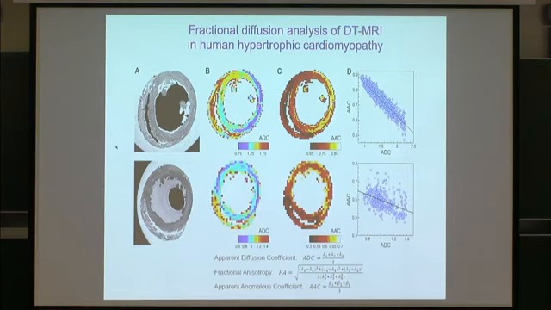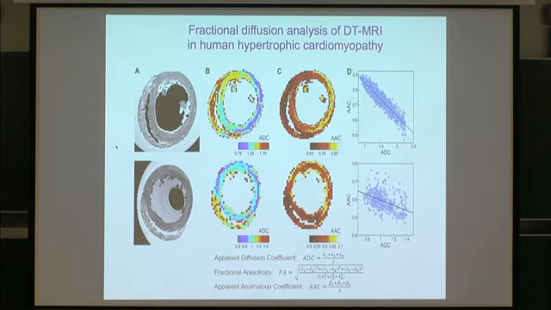What this represents is a slice of tissue in rat, and the ADC is a map of the average eigenvalues associated with the diffusion tensor that you measure when you do DT-MRI. So ADC is just the sum of the eigenvalues of the diffusion tensor that you calculate.